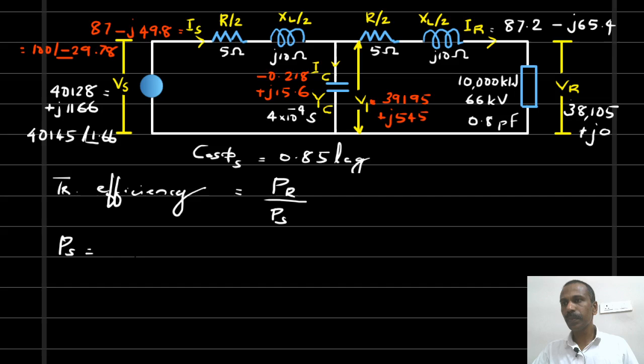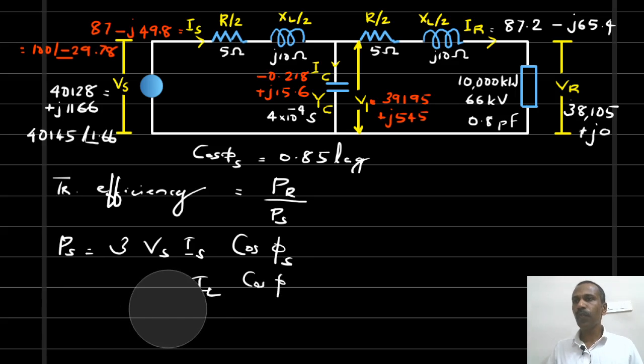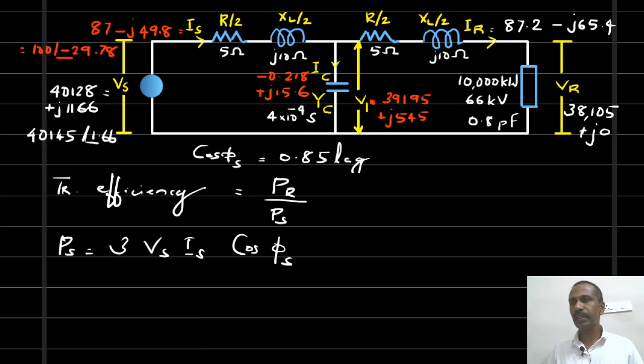Ps is equal to 3 Vs Is cos phi s. Either we can use 3 times the phase power, or you can use root 3 into VL IL into cos phi. These are the line values. But now we have the phase quantities with us. So it is 3 times the phase power.